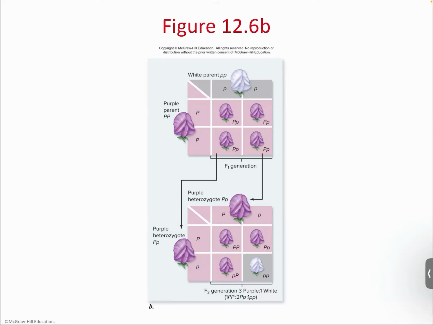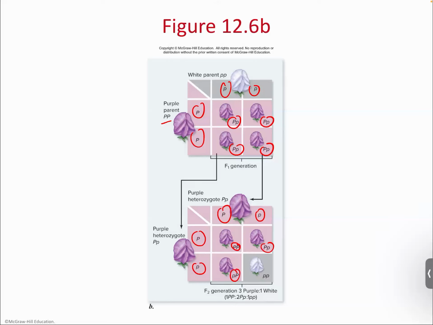So let's apply this to Mendel's system. What he saw was a true breeder for purple, which means big P, big P, and for white, little p, little p. When you cross them together, all you got were heterozygotes, right? That's your F1 generation. Then when you crossed your F1 generation to each other, you had a big P with a little p, and then another big P with a little p. This gives you your homozygous dominant. This gives you your heterozygous.